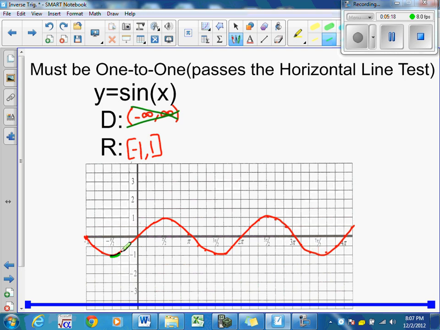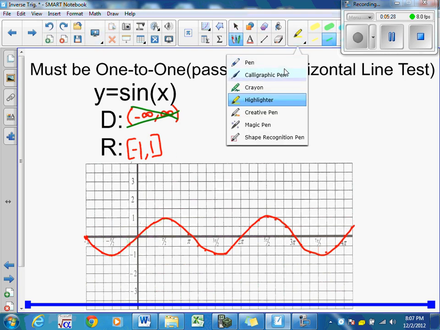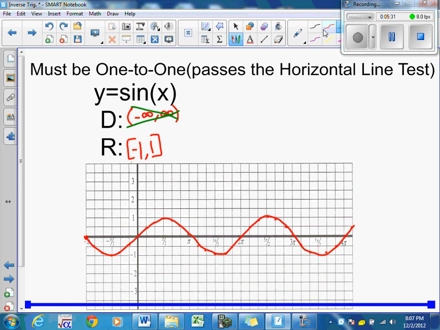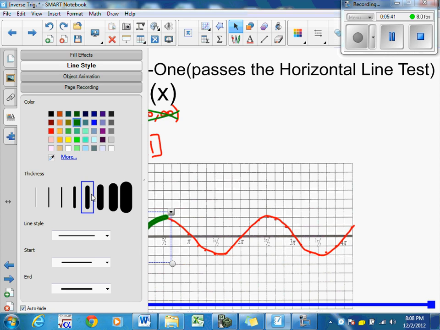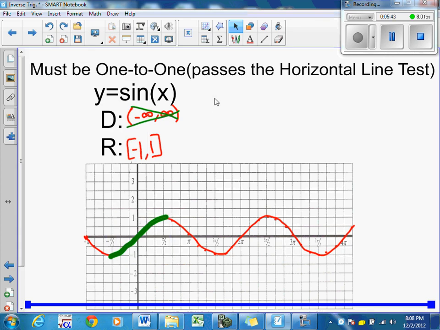and I go up to 1 here, that has a range of 1. And my highlighter is not curving, so let me try a different color. If I go from here to here, that has the same range, but has a different domain.